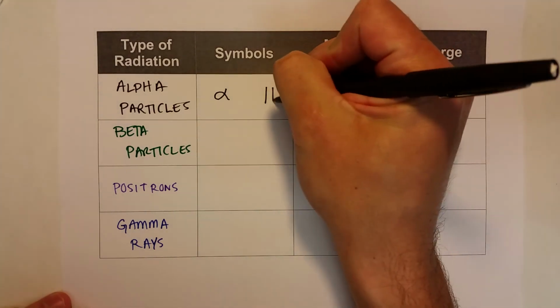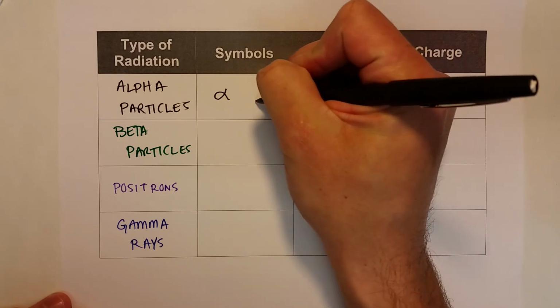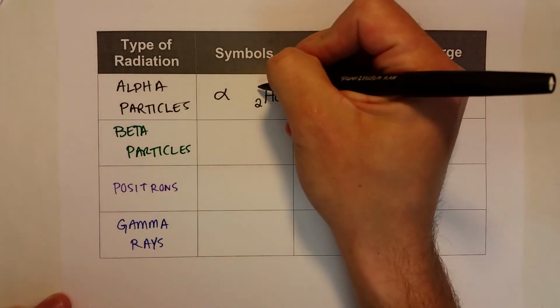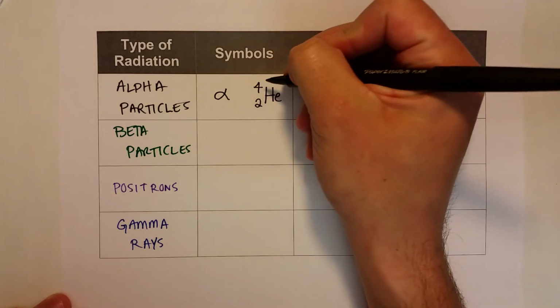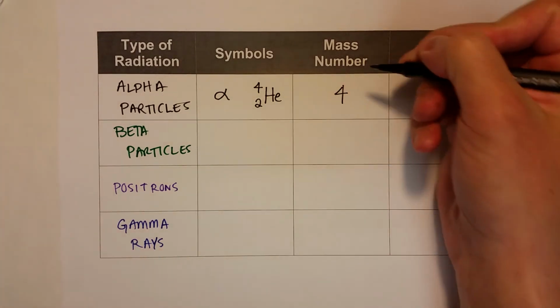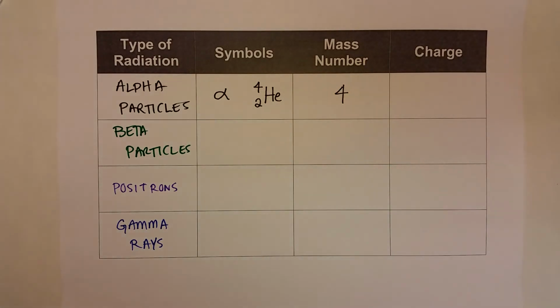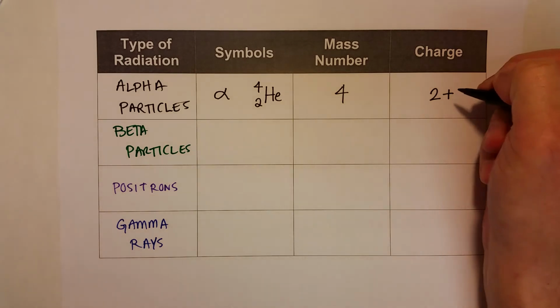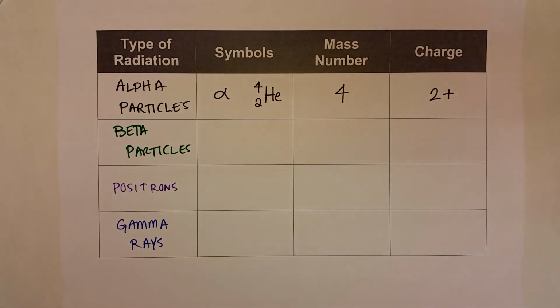So a helium nucleus contains 2 protons, so we would put that in the left subscript, and 2 neutrons, to give it a mass number of 4. The mass number is going to be important for eventually balancing nuclear equations. And then, of course, the charge will impact a lot of physical properties of the particles as well.